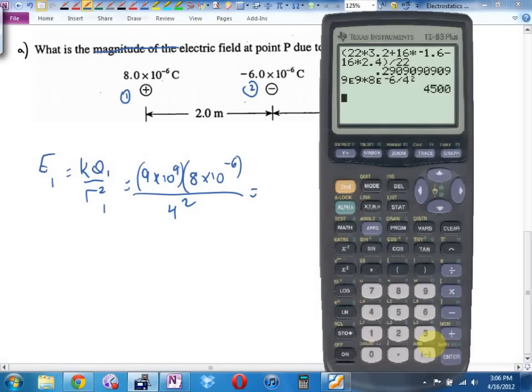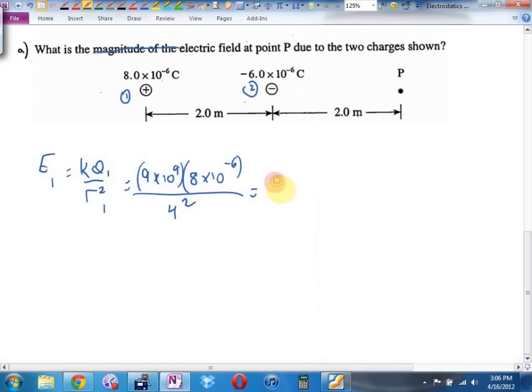And we said that electric fields are often in the thousands or tens of thousands or even in the hundreds of thousands. Jessica, you're correct, 4,500 units.